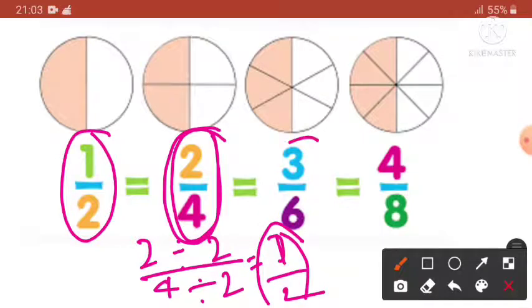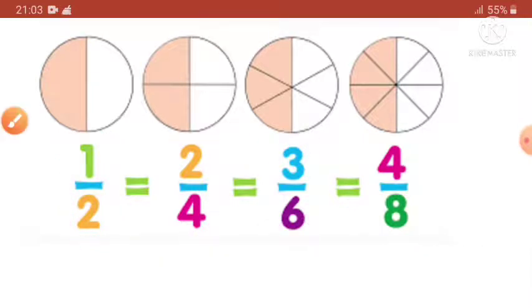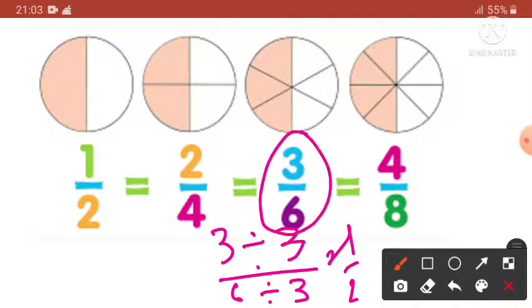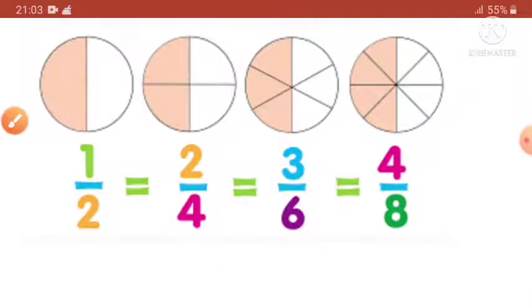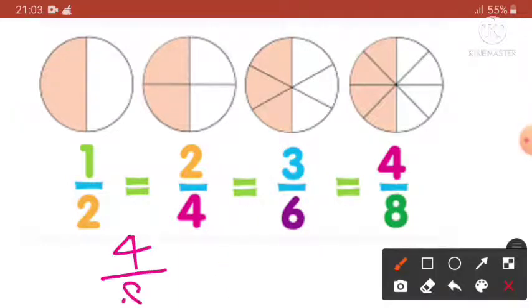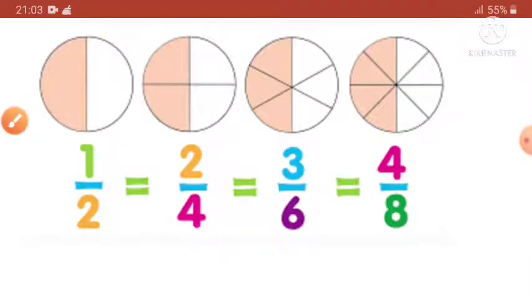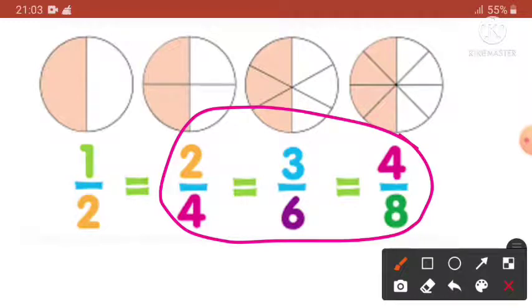If we do the same process for 3 by 6, 3 divided by 3, 6 divided by 3, we also get 1 by 2. And if we do the same for 4 by 8, divided by 4, here also we get the same fraction, 1 by 2. Every time we convert into short form, we get the fraction 1 by 2.